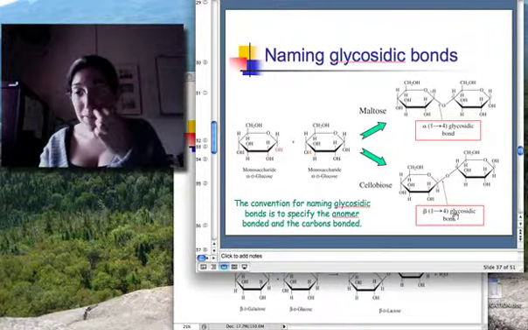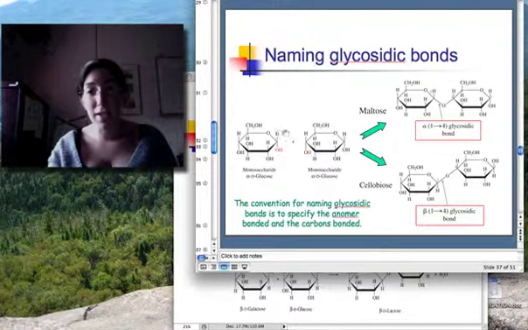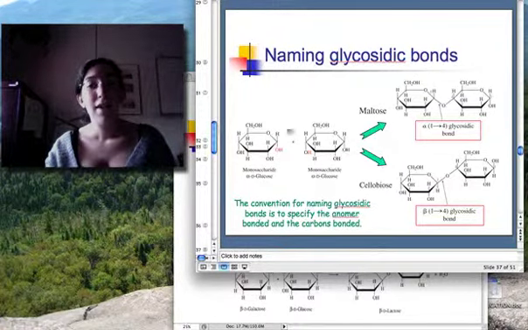In this case, we have the beta monomers. Okay, so if you look here, these are the alpha monomers. The OH group is down and the hydrogen group is up. But if you look at these two guys, the OH group is up on this one.